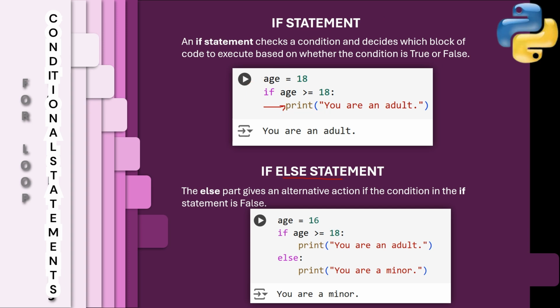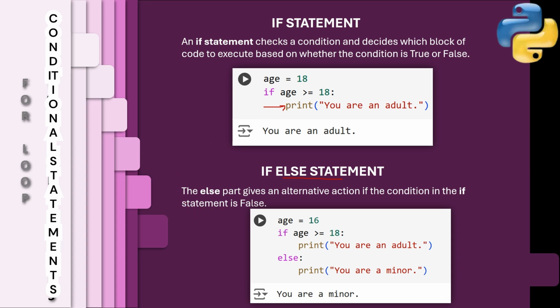Coming to if else statement syntax, the first if block is the same as we discussed above. As for the else part, which is an alternative action if this if condition fails, you use the else keyword followed by a colon. Then you need to indent the code to avoid indentation error.